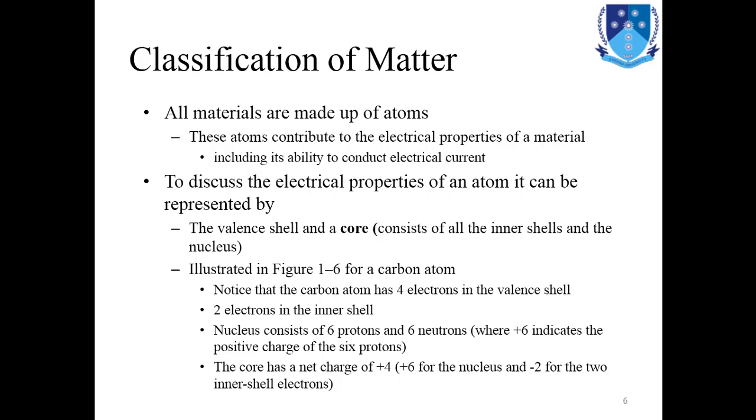To discuss the electrical properties of an atom, it can be represented by the valence shell and a core. In previous lectures, we learned that the valence shell is the outermost shell of any atom, while the core is everything including the inner shells and the nucleus.